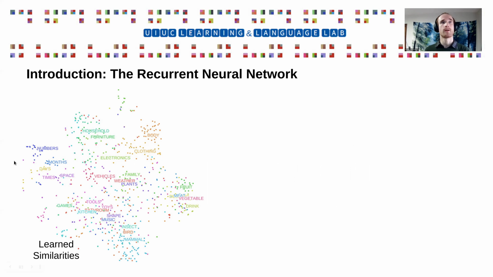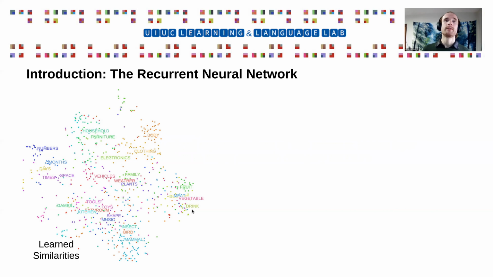So you've got quantitative concepts like days and months, times, numbers over here. You've got animate categories, insect, bird, and mammal down here, artifact categories up here, tools and toys, and music instruments, kitchen items, and then food items cluster over here.